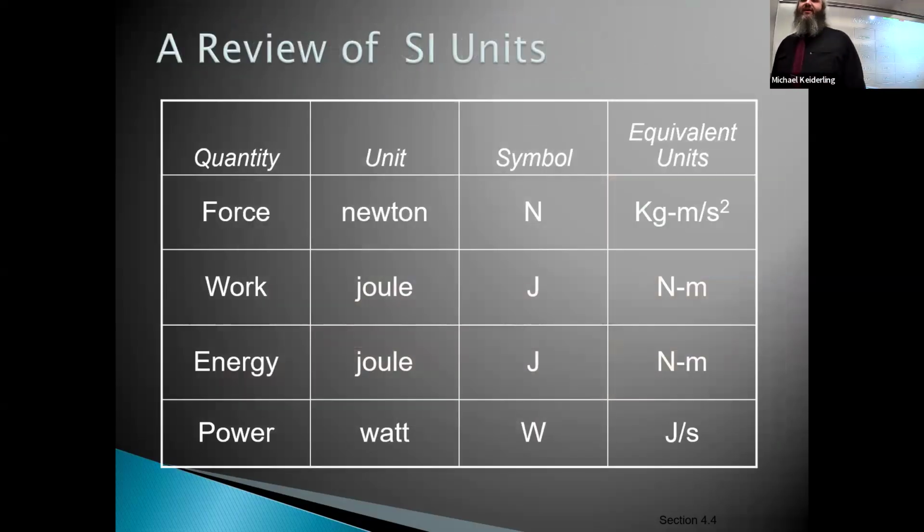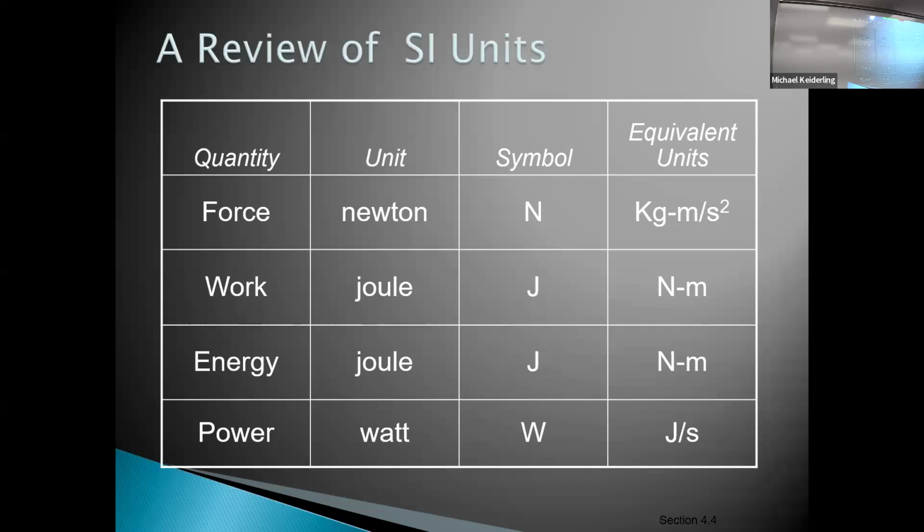So a quick review of the SI units. Force is newtons. The units are kilogram meters per second squared. Work is joules. That's newtons times meters, or kilogram meters squared per second squared.